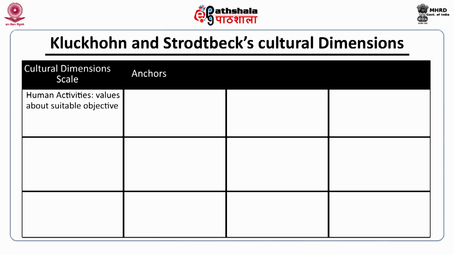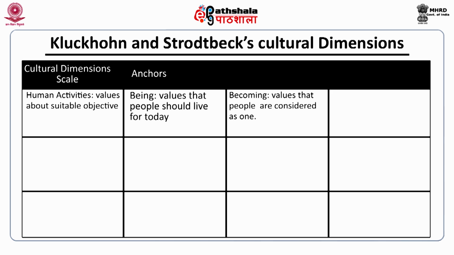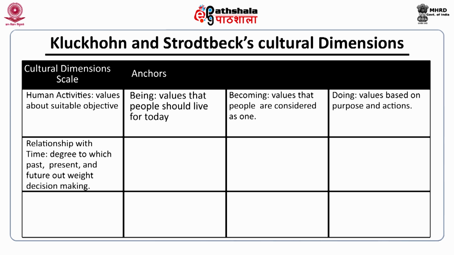The human activities dimension includes the values about suitable objectives. First is being, values that people should live for today. Second is becoming, values that people are considered as one. Third is doing, values based on purpose and action. Relationship with time is the next dimension, the degree to which the past, present and future outweigh decision making.